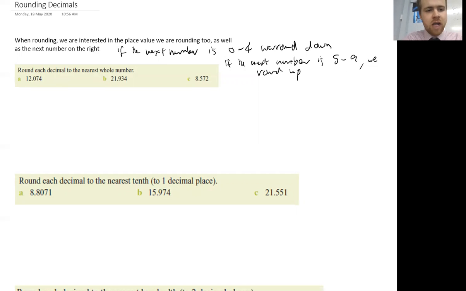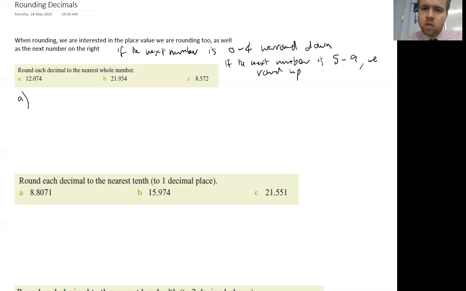So first we're going to round each decimal to the nearest whole number. Okay, which means we're interested in the number in front of the decimal as well as the number after the decimal point. Okay, so for A, we've got 12. Okay, that we're rounding to the nearest whole number, which is the 2 column.